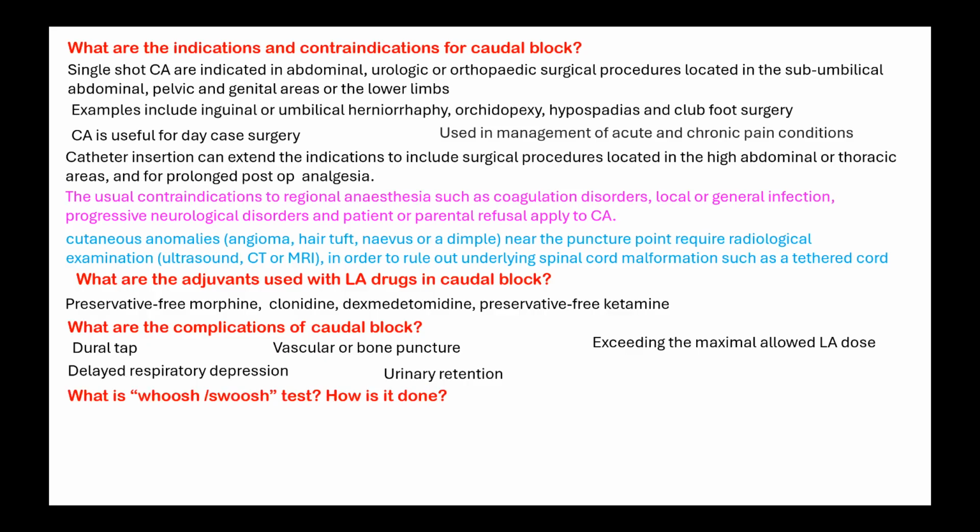Sir, earlier, to identify, we inject a small amount of air and hear it with the help of the stethoscope, so that we can hear the sound of the wind passing through the canal, and that is the confirmation for the caudal which we are trying to block.